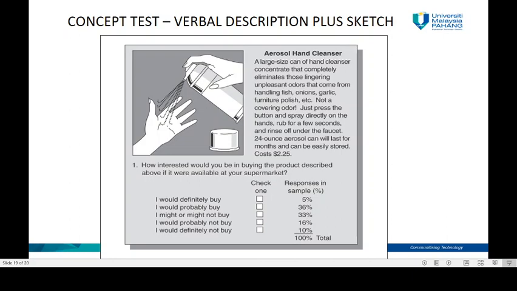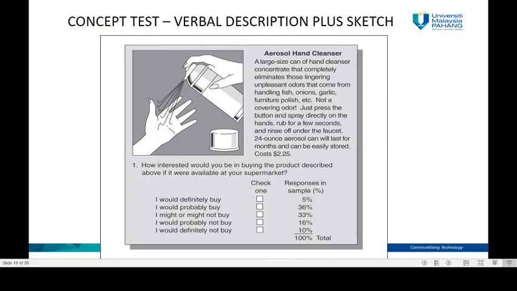Here the description shows how it can be done: press the button, spray directly on the hands, rub for a few seconds, and rinse off under the faucet. It also shows how much it costs.